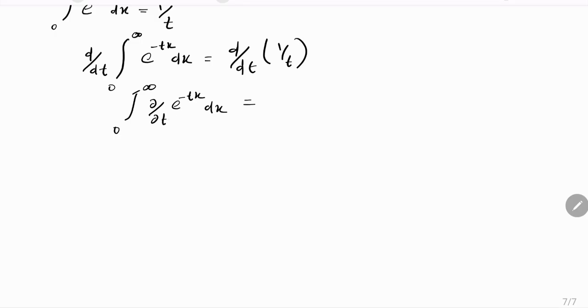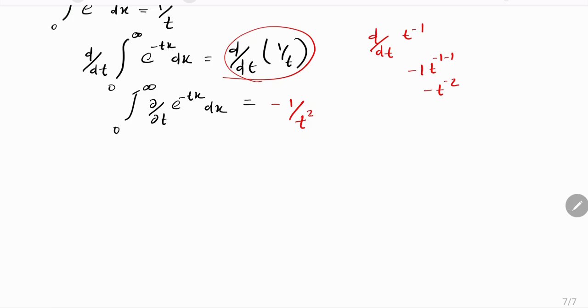What is the differentiation of 1 by t? This is d by dt of t to the power minus 1, that is minus 1 t to the power minus 1 minus 1, that is minus t to the power minus 2, so we can write it as minus 1 by t square.